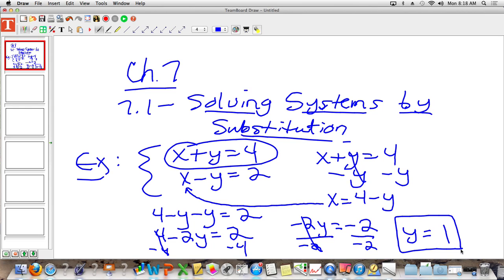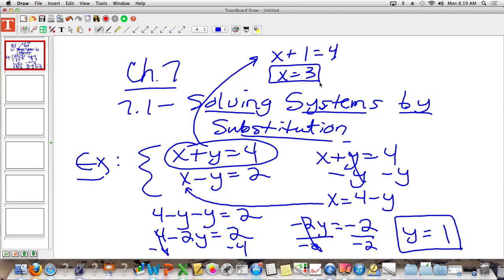It says that x plus y equals 4. Well, that means x plus the y value we now know is 1. So we have x plus 1 equals 4. You guys, what's x? 3. X is equal to 3.